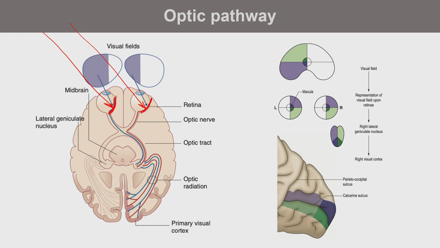We use those two parts for the visual sensations from one field. Then remember that the information from a visual field is transmitted to the contralateral cortex.